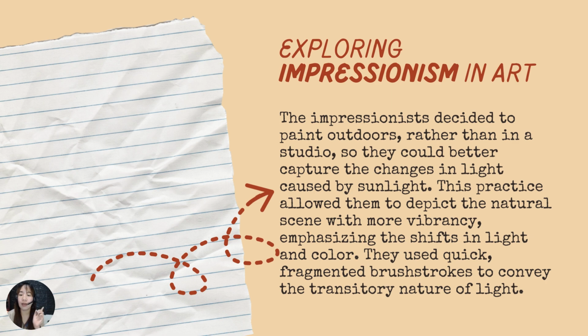The Impressionists decided to paint outdoors rather than in a studio so they could better capture the changes in light caused by sunlight. This practice allowed them to depict the natural scene with more vibrancy, more lively, emphasizing the shifts in light and color. They used quick, fragmented brushstrokes to convey the transitory nature of light.